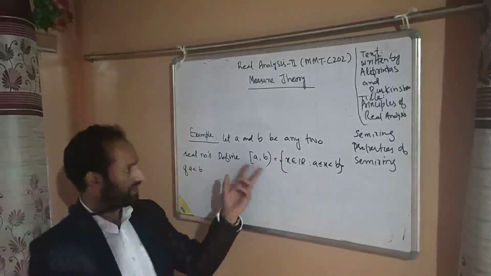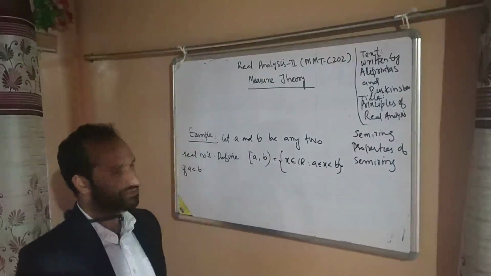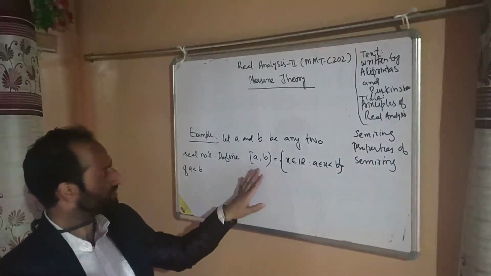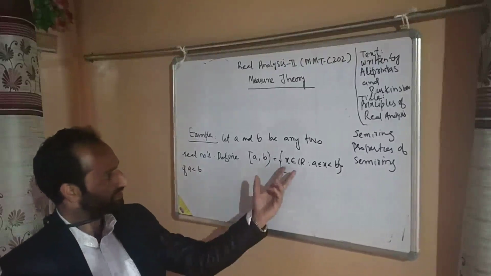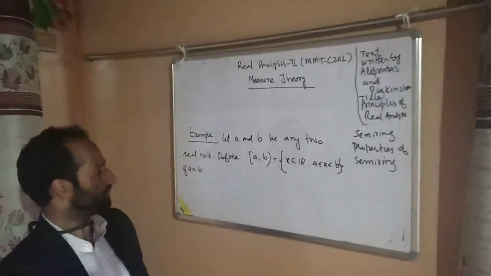Like 1 and 2. If I set A equal to 1, B equal to 2, then this semi-closed interval 1, 2 is equal to the set of all real numbers X such that 1 is less than or equal to X less than 2.